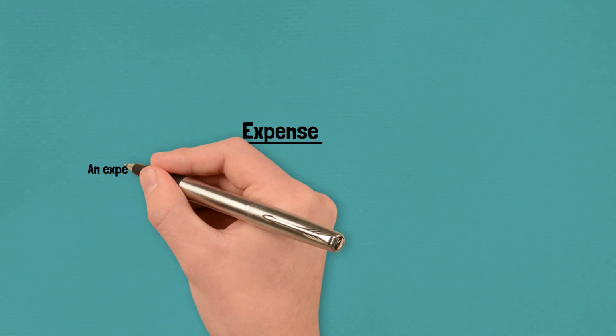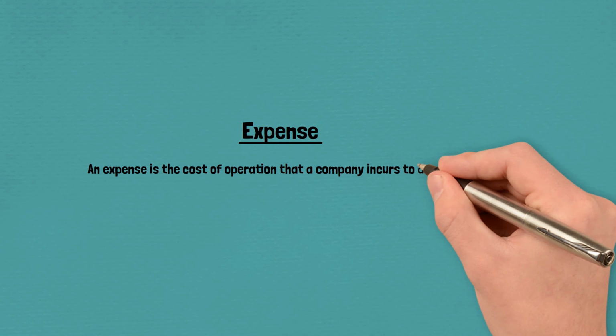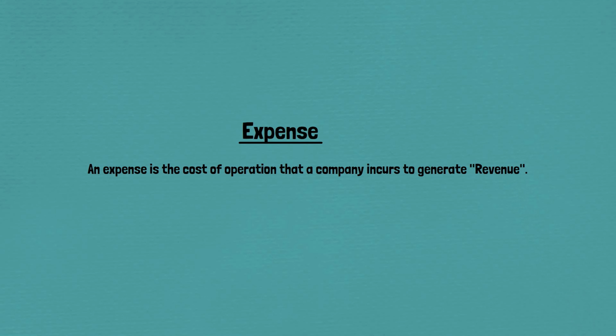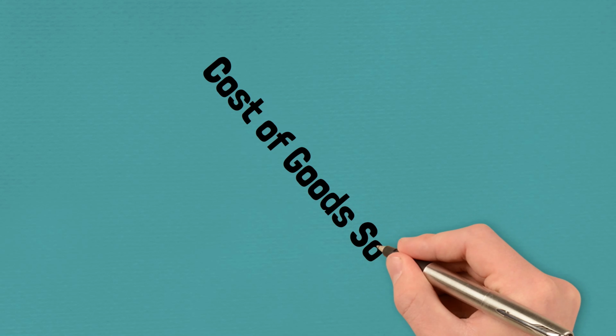Next we have expense. An expense is the cost of operation that a company incurs to generate revenue. For example, if a person is in the business of manufacturing leather bags, then the cost of procuring leather is an expense for the company. And since it is directly related to manufacturing of leather bags, it becomes the cost of goods sold for the business. So cost of goods sold records the direct costs related to manufacturing of products.